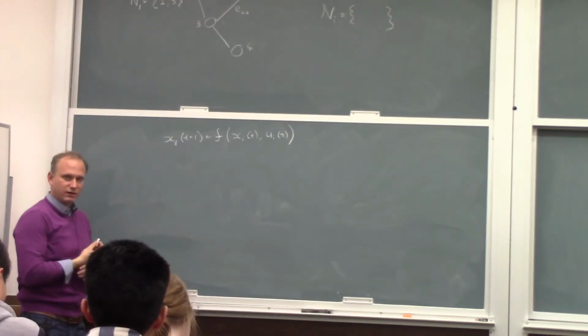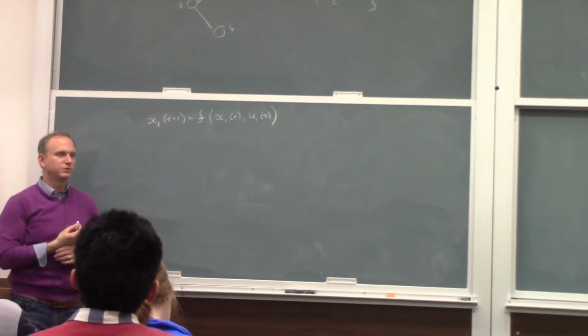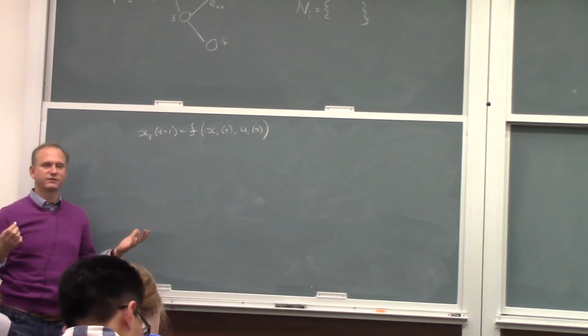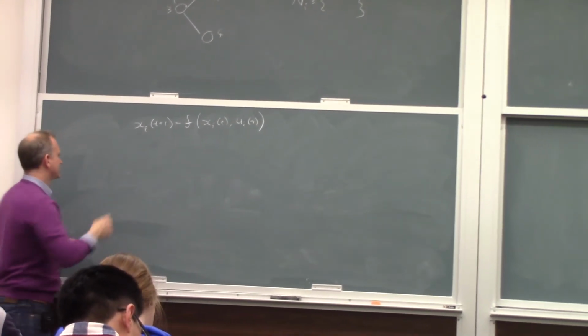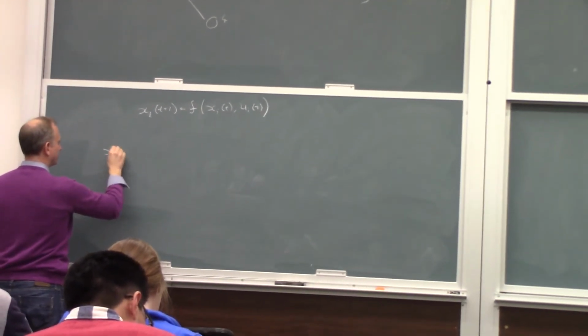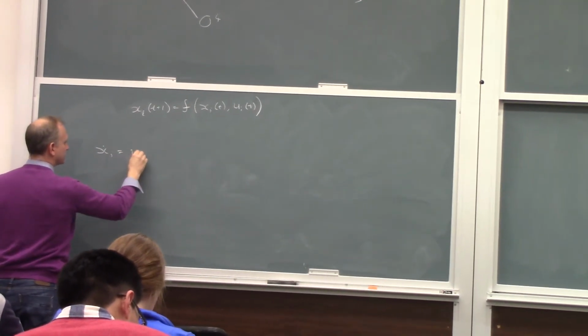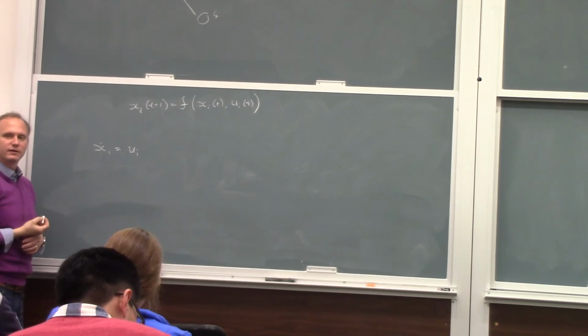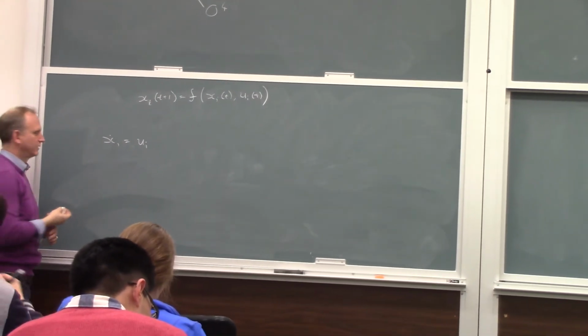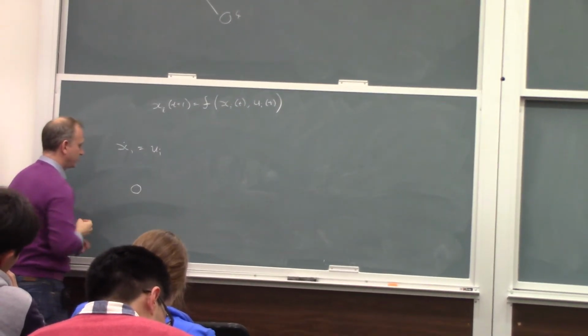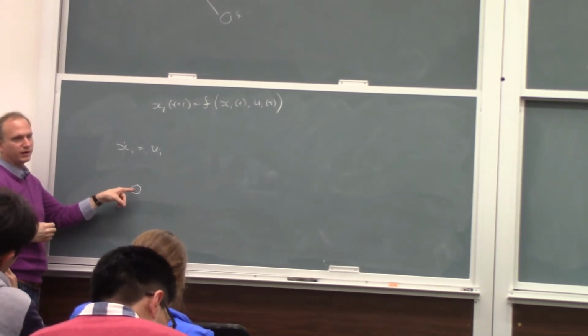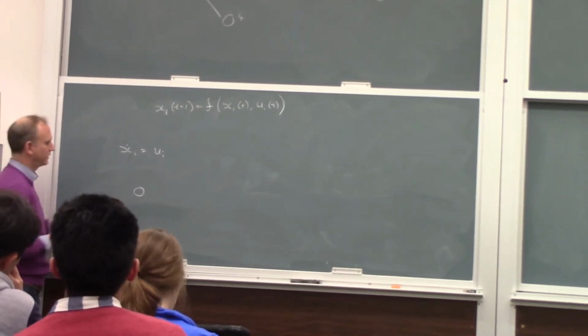A very common dynamical model that we're going to be using for robots in this class is called the single integrator model. So very simple model. xi dot is equal to ui. What does that mean? That means that you have your agent here. Maybe this is a wheeled robot, maybe this is a quadrotor, whatever.